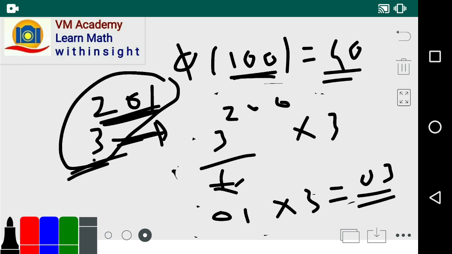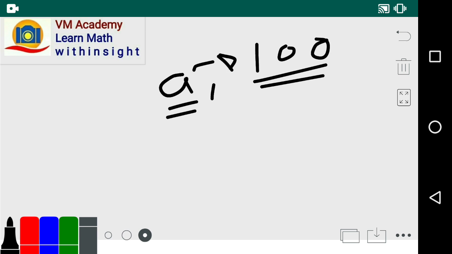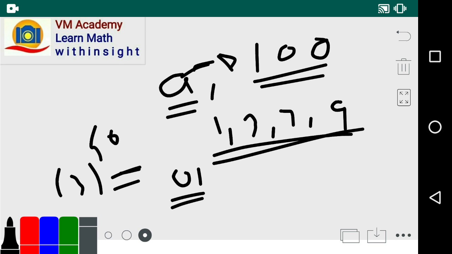Thus friends, we can say that if any number a is relatively prime to 100, and a number is relatively prime to 100 if it is odd and does not end with 5, that is a number ending with 1, 3, 7, 9, when it is raised to power 40, then its last 2 digits are always 0 1, because 3 raised to 40 modulo 100 is nothing but 1, friends.